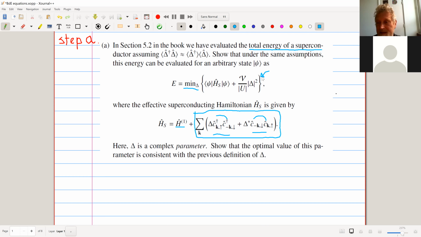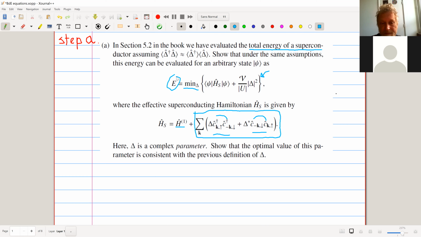We will minimize this expression with respect to delta and get the answer for energy. And then we will compare it with what we know. Fine. Let's get to work.